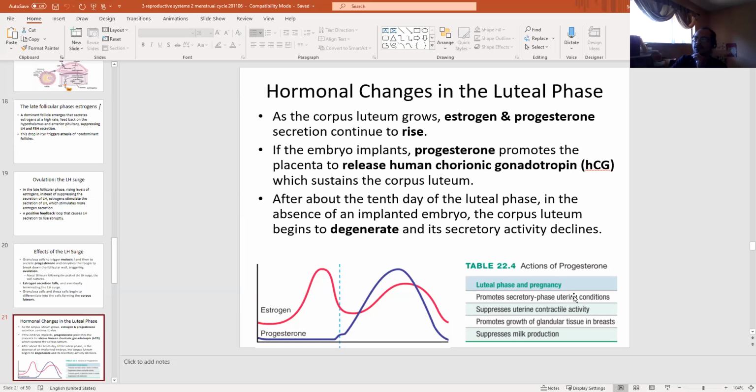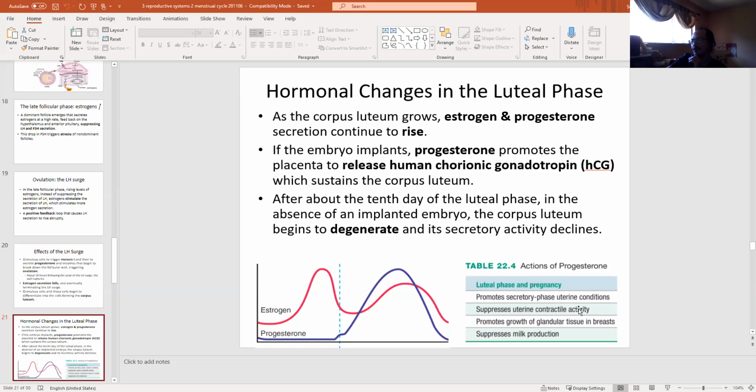So this is basically to prepare the uterus for the implantation, and to suppress the uterine contractile activity. So once we have the implant, we need to prevent the uterus from contracting. So it's not to deliver the baby yet. The baby is not there yet.